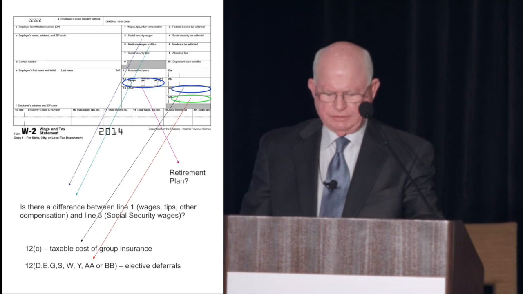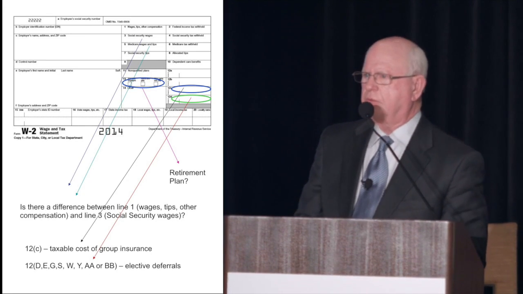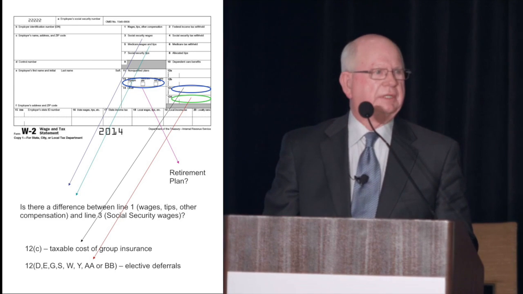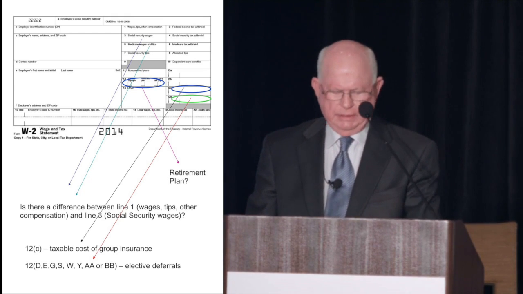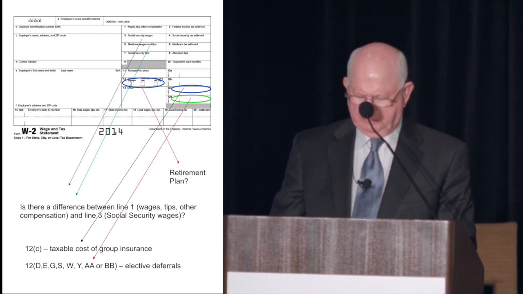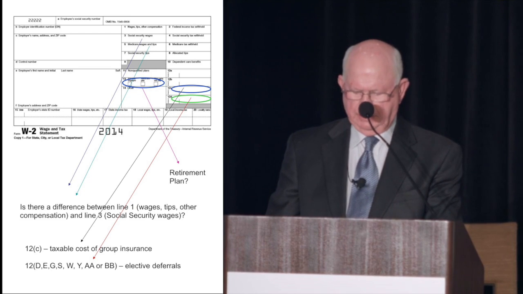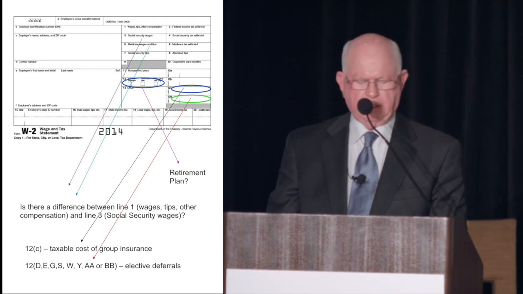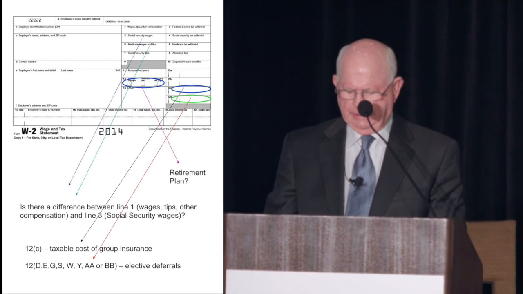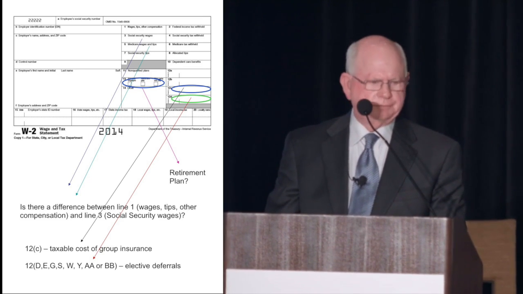The first place to start is form W-2. And of course, everybody has seen a W-2 in their lifetime. You probably get them or have from your place of employment. If you'll notice on the W-2, the first thing to notice is the difference between line 1, which is wages, tips, and other compensation, and line 3, Social Security wages.